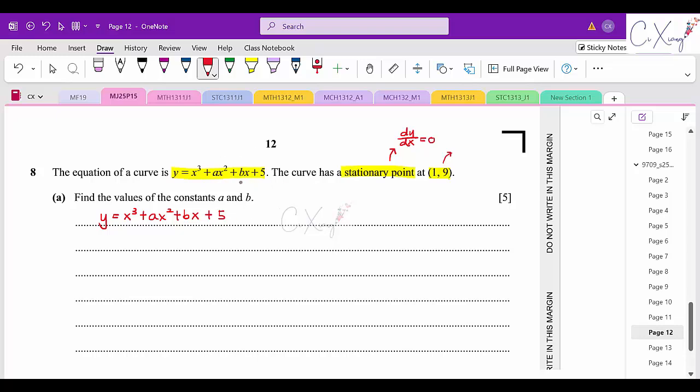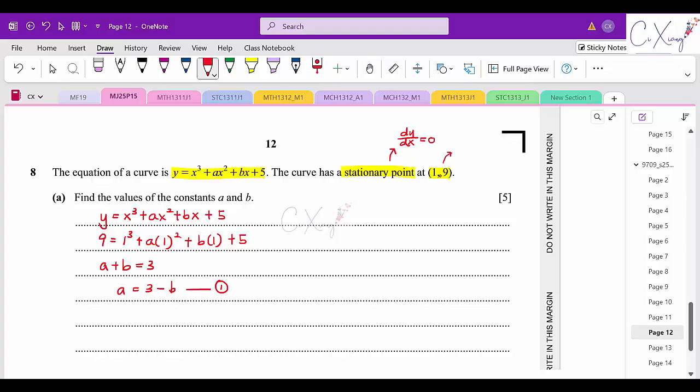Therefore, I will substitute y equals 9 and also x equals 1 into the equation that we have.